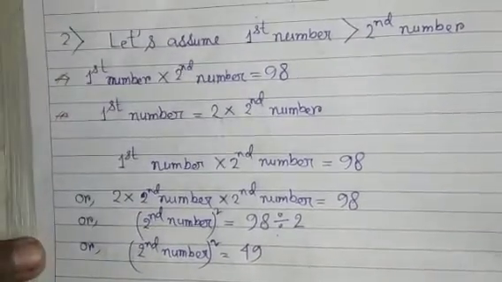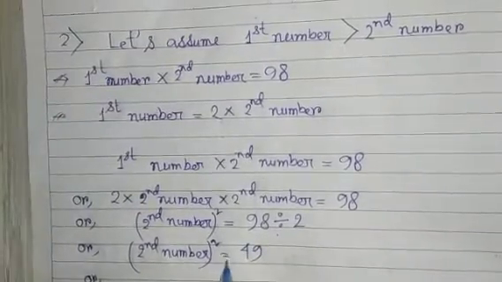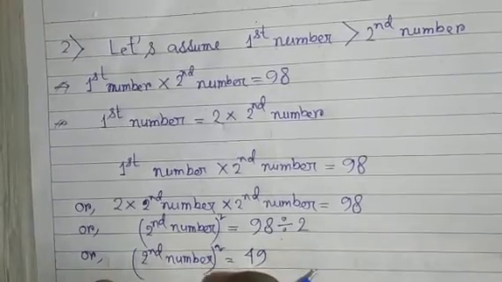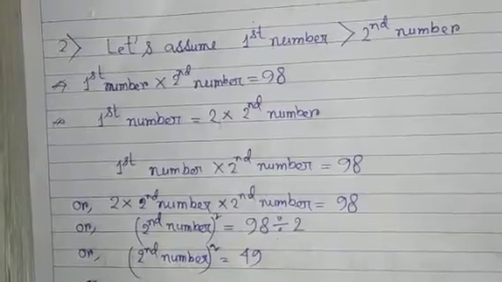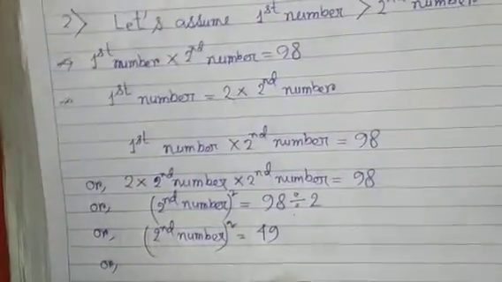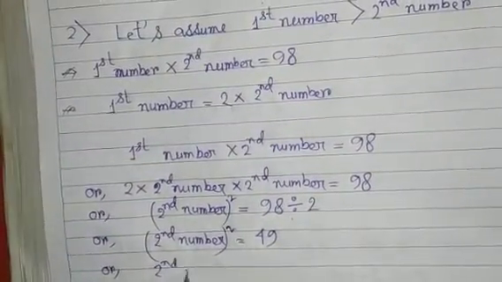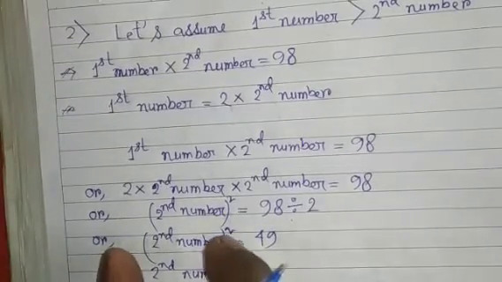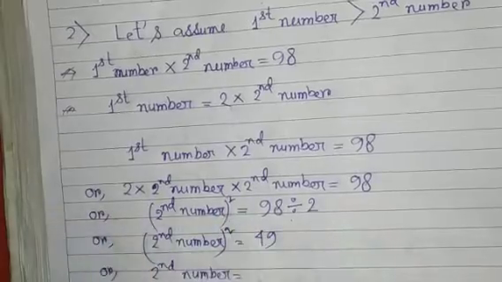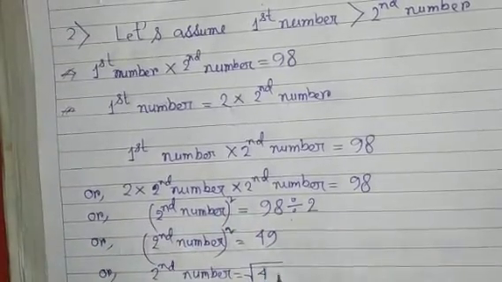Okay, now look, on the left side there was a square. If I take the square to the right side, it will be square root. That means only second number is equal to, I'm taking this square to the right side, square root of 49.